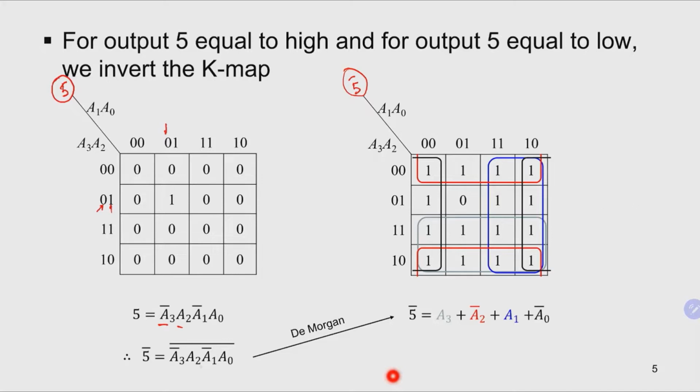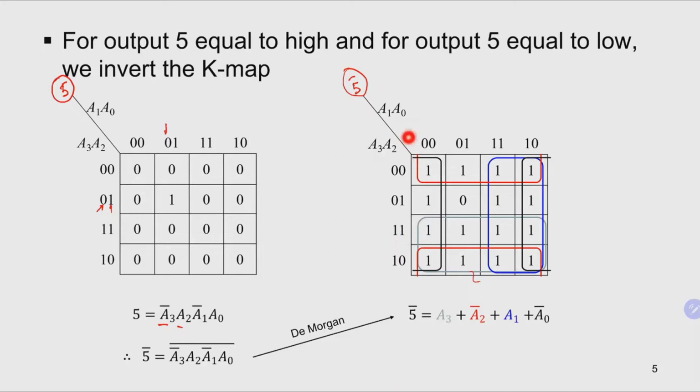We can also invert the K-map, collect groups of ones, and then minimize the function. So if you do that, for this group here, A3 is not changing, while A2 actually changes state. A2 goes from 0 to 1, and A3 stays the same.